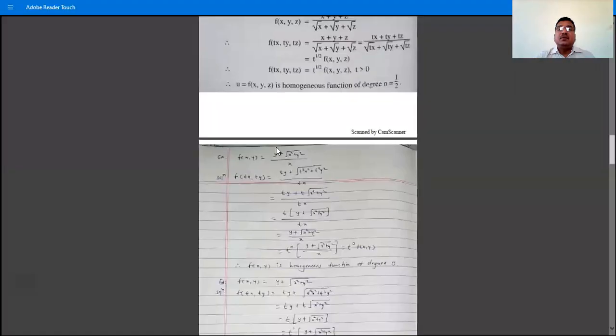So this y plus root x square plus y square is a homogeneous function of degree 1.